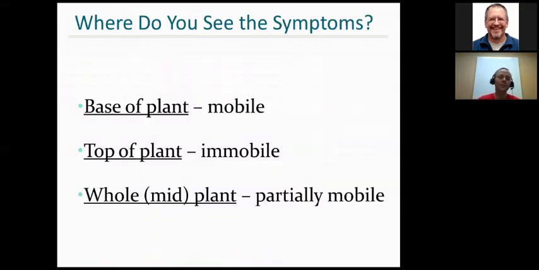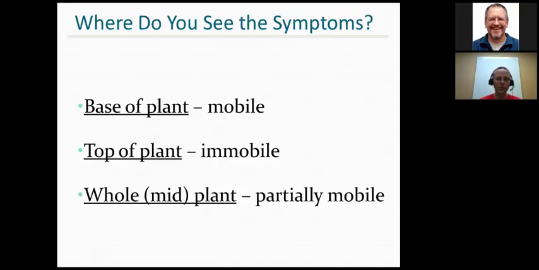And finally, if the deficiency symptoms are showing up in the middle of the plant or uniformly through the whole plant, we're probably dealing with a partially mobile element. Now we need to be careful here, because remember what I said, where did the symptoms start? If the symptoms started 2 weeks ago and we have our blinders on and we're not paying attention, eventually those symptoms will show up on the entire plant.